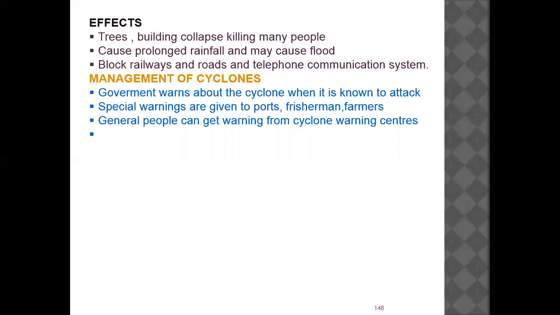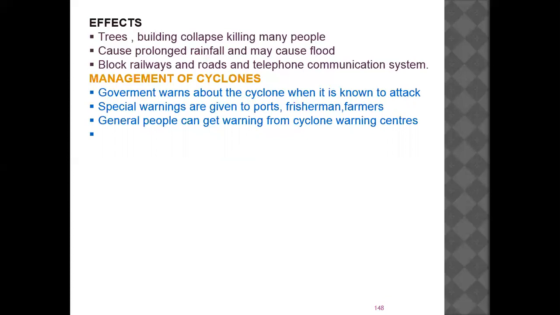So this tropical cyclone in the Bay of Bengal or in the Arabian Sea, these are the worst natural hazards that happen in the tropics, and because of which our country suffers almost 2 to 3 times in a year.